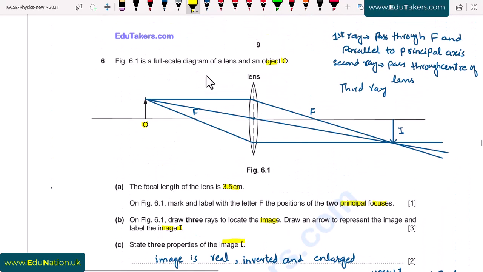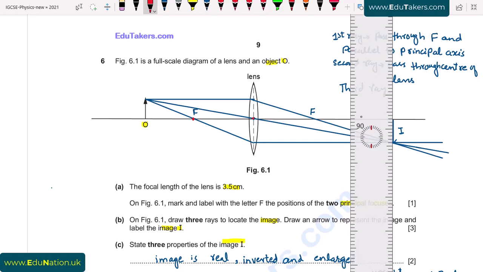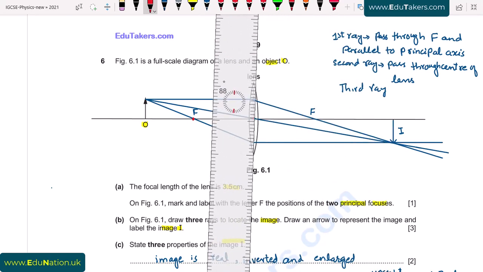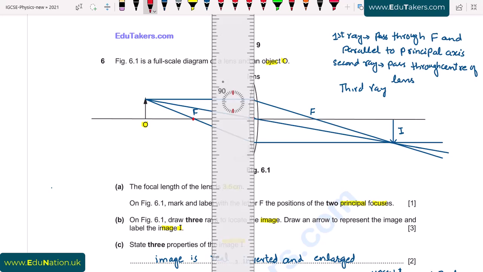So the object is between the focus point and the lens. So it lies from that point to that point. So I am going to locate this object.